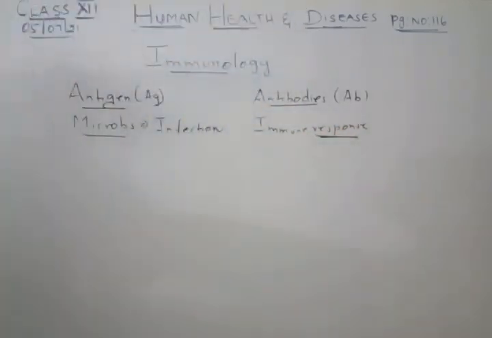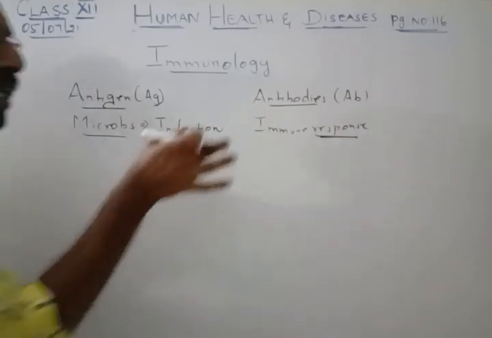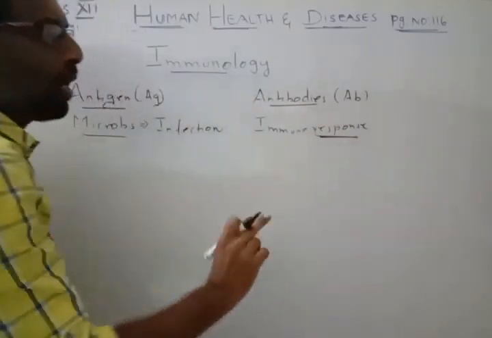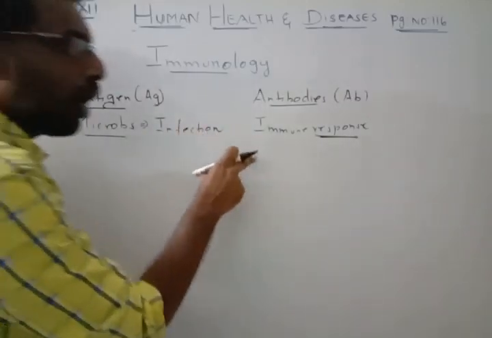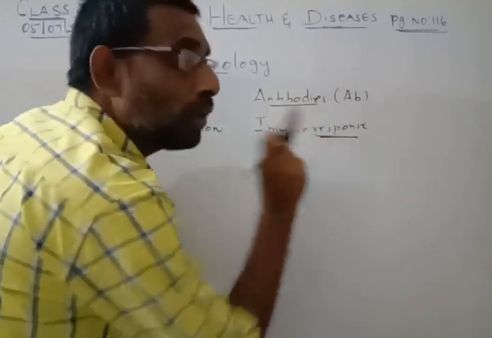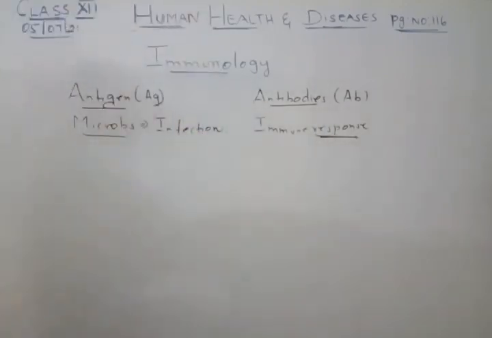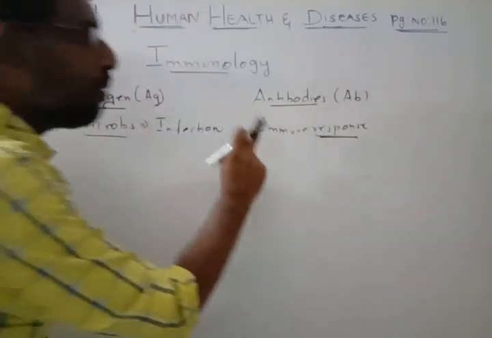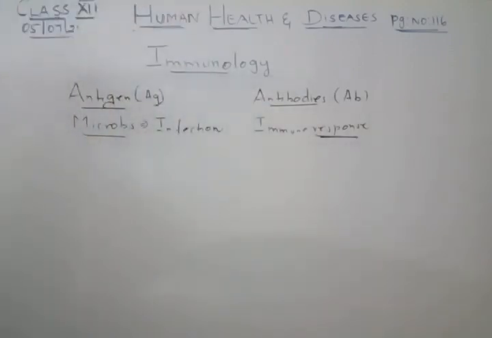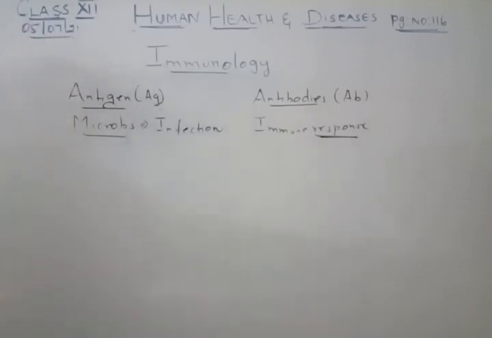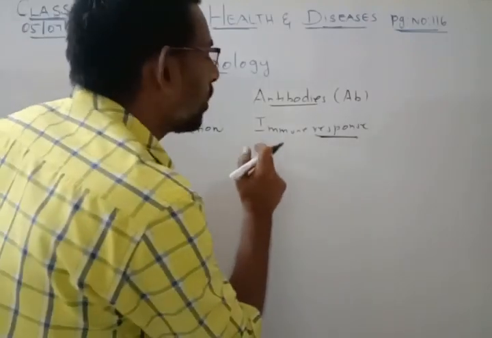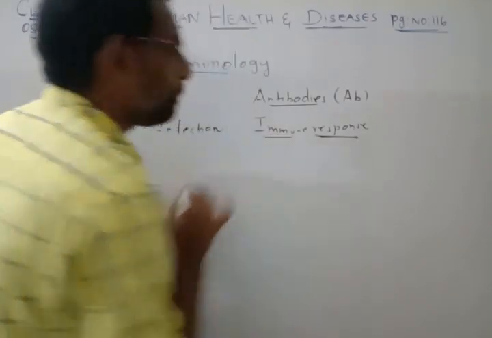Responding means it's a kind of communication. If somebody asks you a question and you reply to that question, that is called a response. But here your body is having an immune response. Immune response means there are certain things that protect your body from this antigen, from this infection, from the disease, and that is called the immune system.